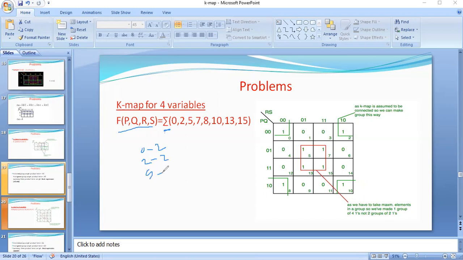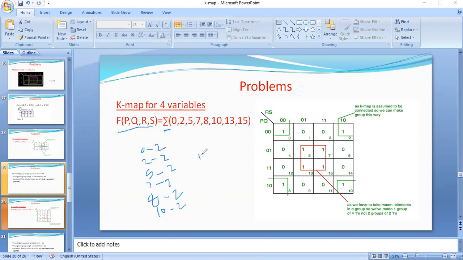For minterm 5, only 7 and 13 are adjacent, so the number is 2. Minterm 7 also has 2, minterm 8 has 2, and minterm 10 has 2.